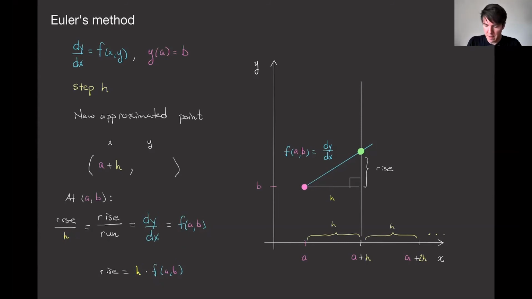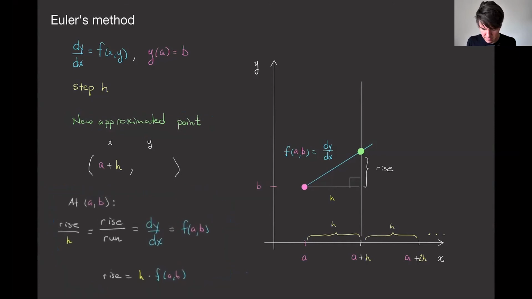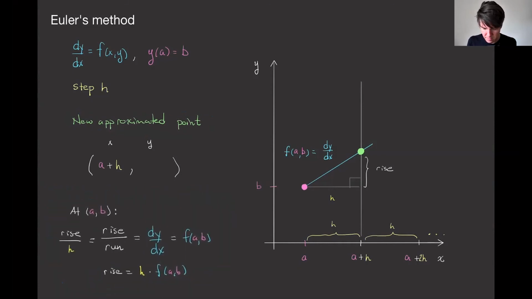Now, in order to find the new y value for this approximated point, which I'll highlight is going to be our green point, I will move this around a little bit to make it easier to differentiate between different things. I'll put some dividing lines again to make it a little nicer.